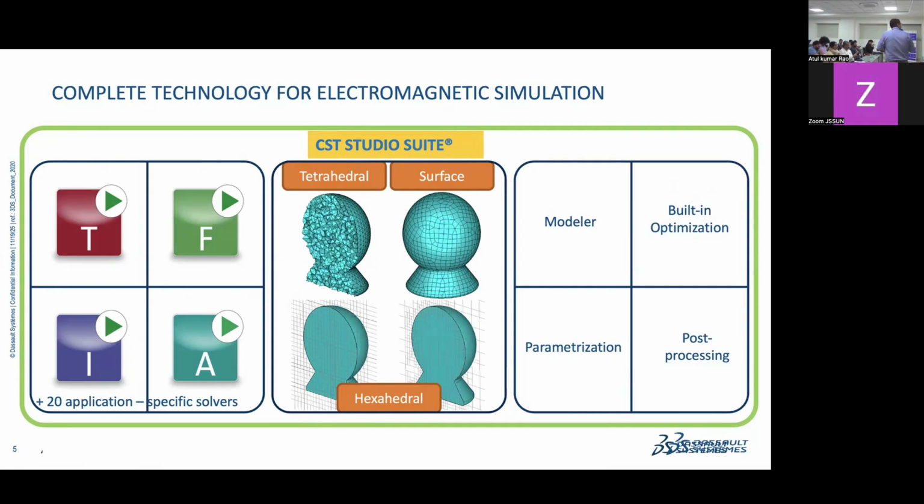Similarly, in electromagnetics you have parameterization, where any variable, any structure dimensions can be given as a variable, and then you can perform parametric sweeps to see what effect that variable will have on your structure. And then you have post-processing and a lot of parameterization and optimization as well. CST also supports Python and VBA scripting.